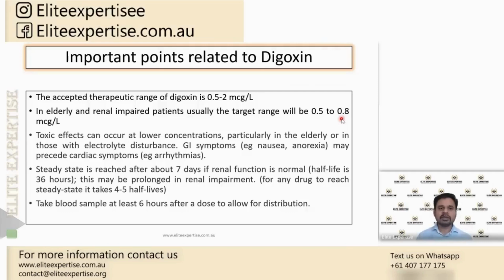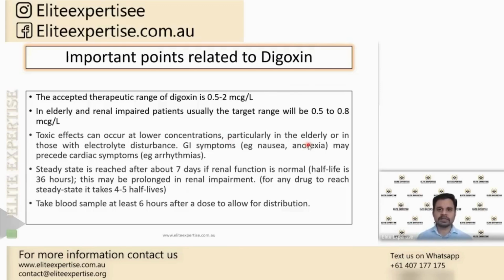Now, let's have a look at the toxic effects of digoxin. When the digoxin level reaches the toxic range, even if it goes up to 1.2, the patients will start developing the toxicity symptoms. The first symptoms that can be seen are gastrointestinal symptoms, like nausea, anorexia, vomiting.